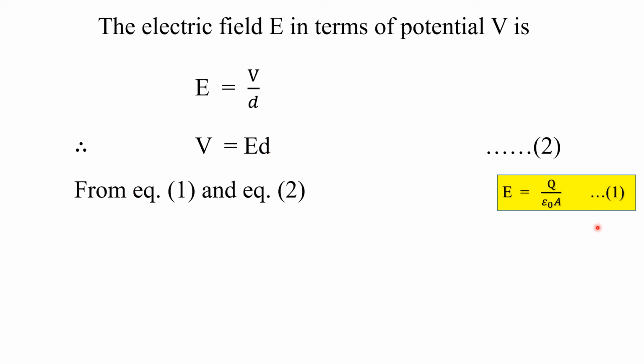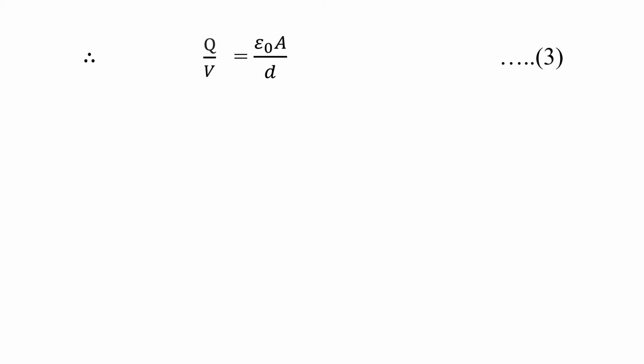From equations 1 and 2, we have already obtained in equation 1, E is equal to Q upon epsilon 0 A. Now equating these two equations, we get V is equal to Q upon epsilon 0 A into d. Rearranging this term, we get Q is equal to epsilon 0 A upon d into V.